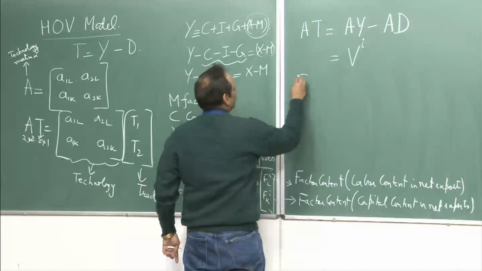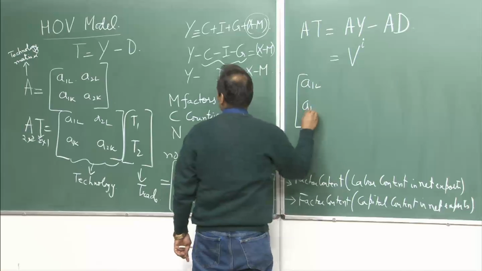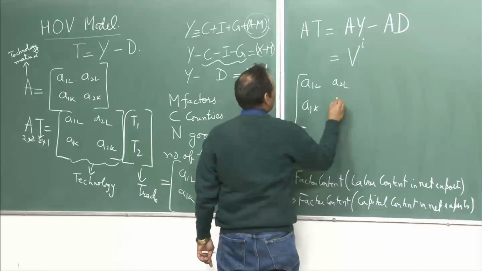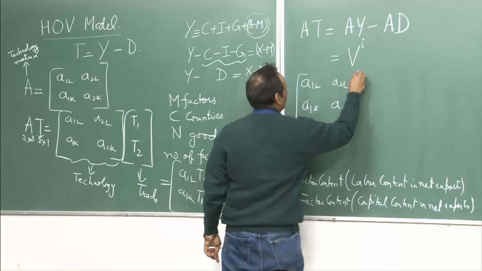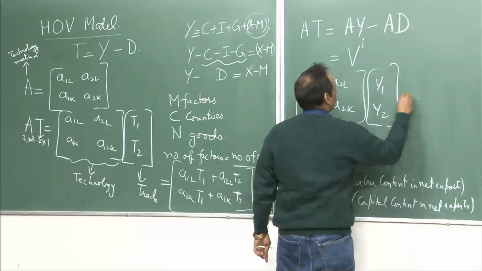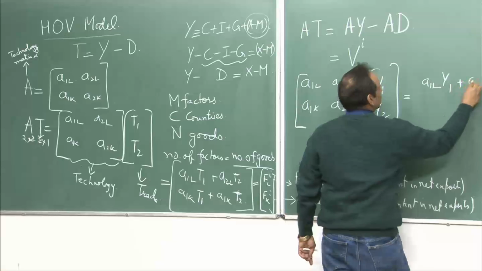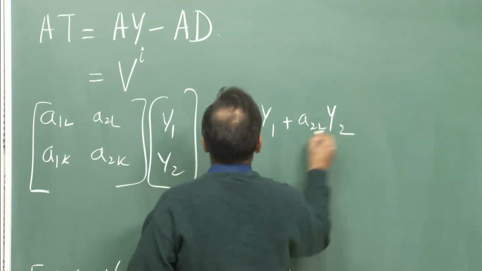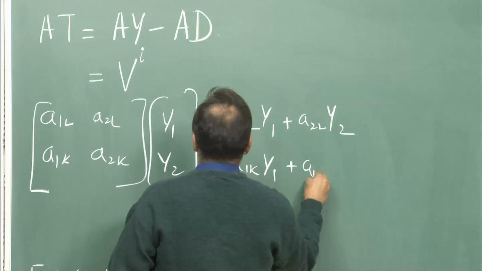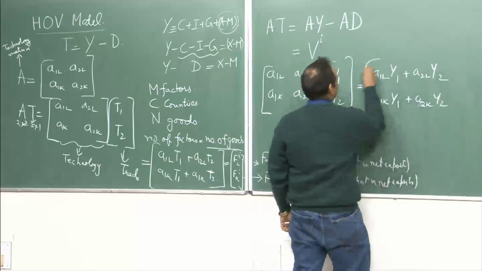Again, if you assume that there are only two factors of production and two goods, and multiply by Y1 and Y2, you would get A1L Y1 plus A2L Y2, and A1K Y1 plus A2K Y2.